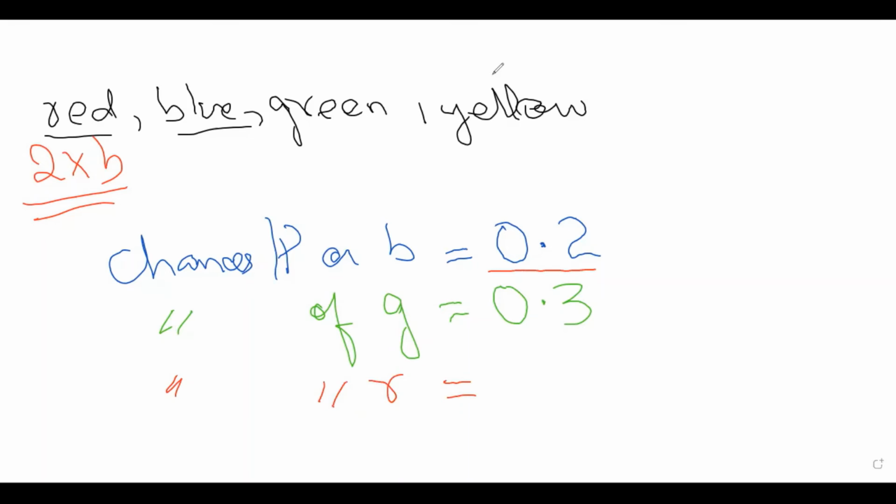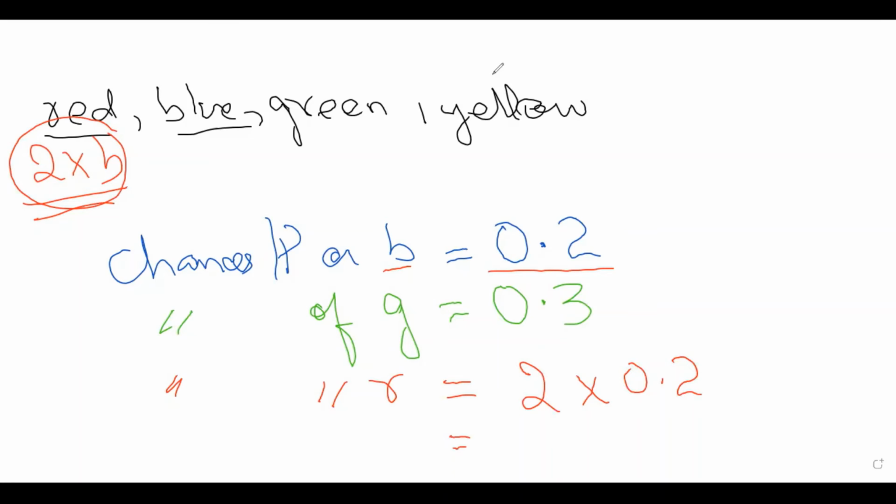If the chance of blue is 0.2 and red is twice of blue, the chances of red will be 2 multiplied by the chances of blue.